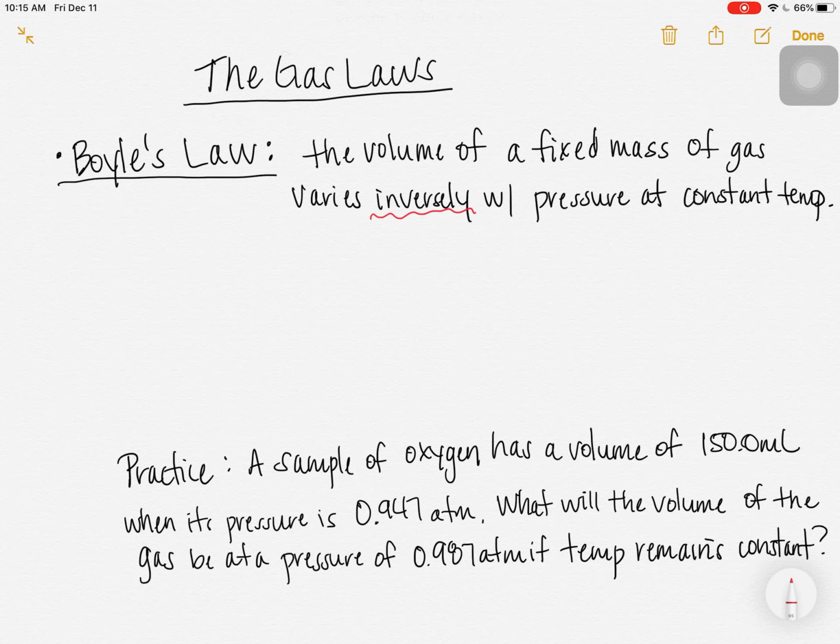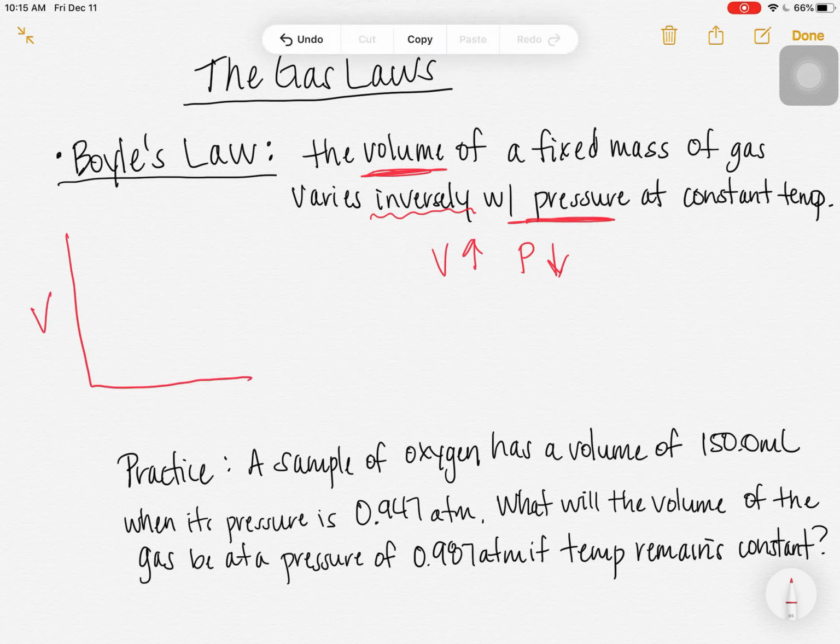We've discussed it. So inversely proportional means that as one variable increases, the other one decreases. So in this case, this is a discussion of volume and pressure. And so we have an inversely proportional situation here. So as volume increases, pressure will decrease and vice versa. Okay, so that's what this law is saying.